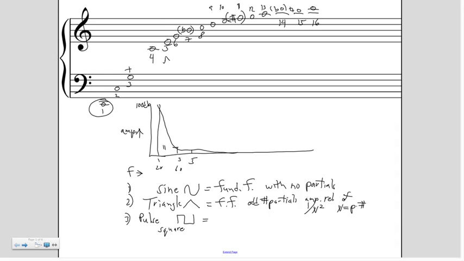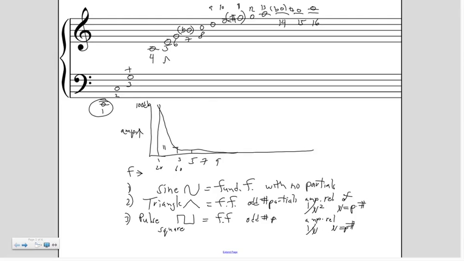The definition of a pulse wave or square wave is a fundamental frequency with odd numbered partials in an amplitude relationship of 1 over n, n being the partial number. So it's the same number of overtones, but this time the third, fifth, seventh, ninth partials.